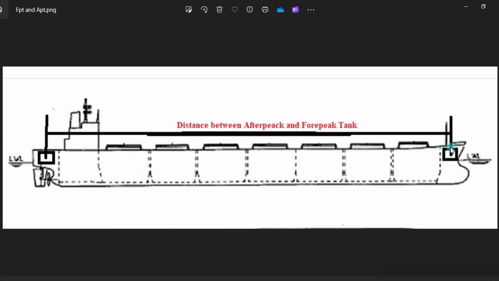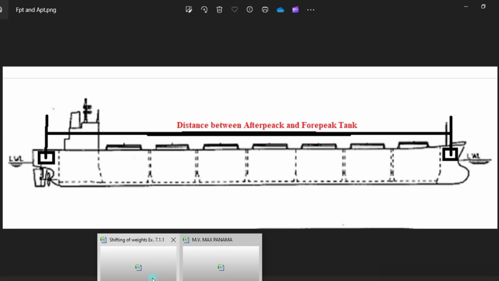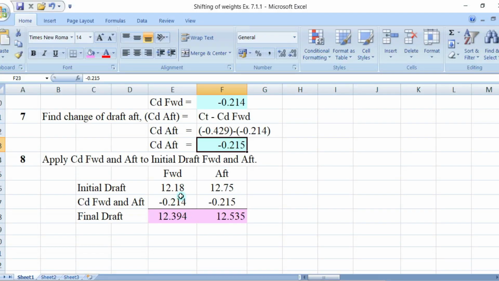So this part of the vessel will sink, meaning you will have more draft. This means you add. So 12.18 plus 0.214 is 12.398.